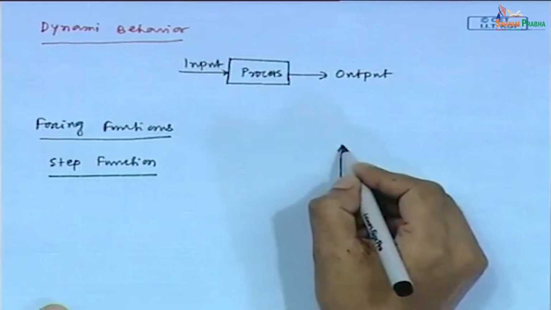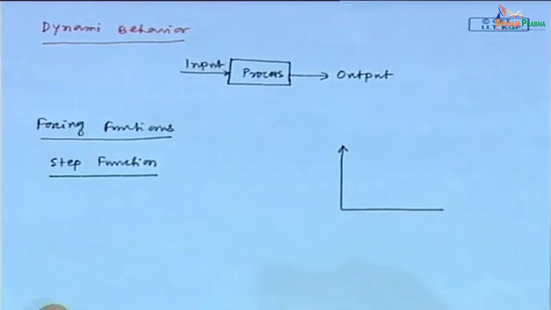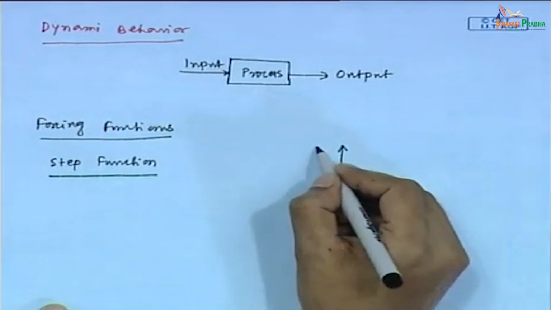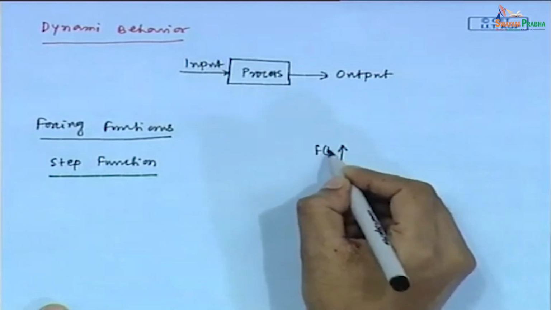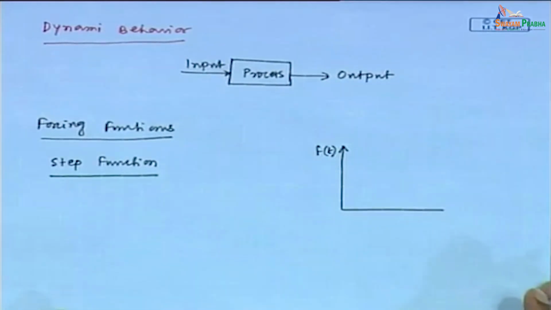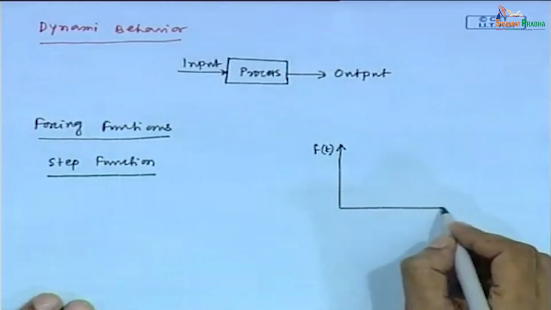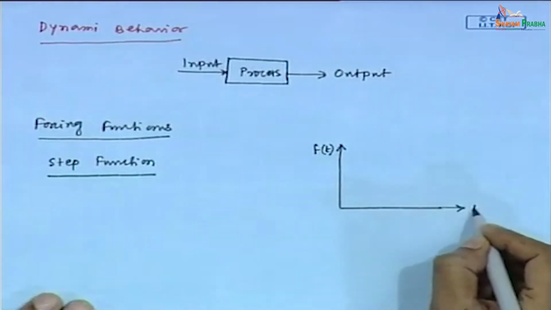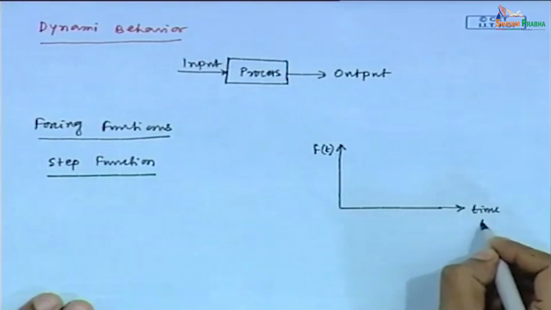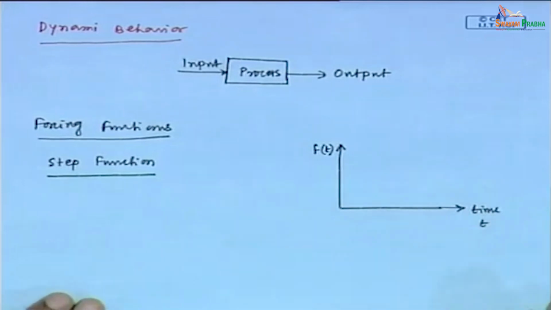The function we will represent by f. So, this is f t and this is time t.